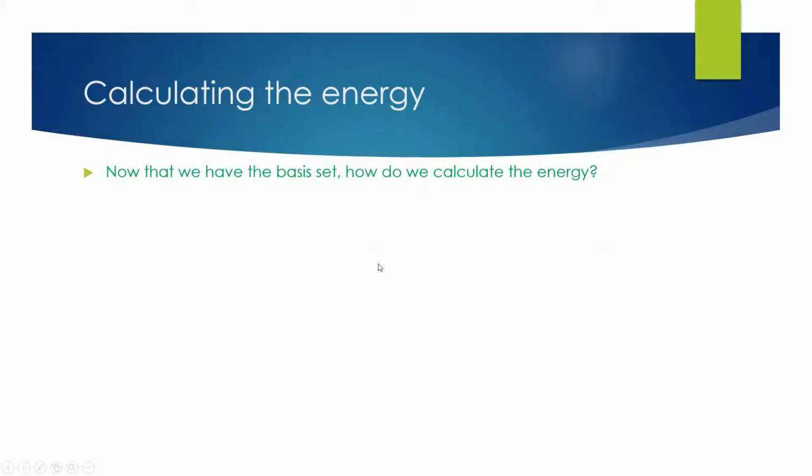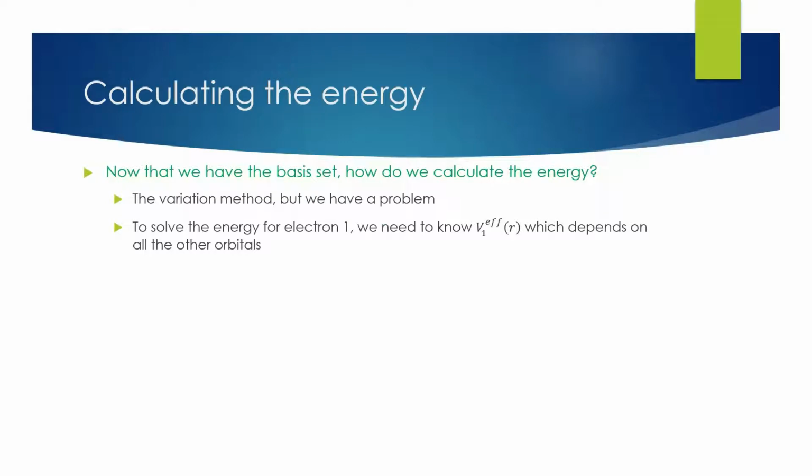So now that we have a basis set using some number of Gaussian functions, how do we actually calculate the energy? We talked about the variation method, but we have a problem here. We can't quite use the variation method as it's written. To solve for the energy of a single electron, for electron 1 in this case, we need to know the effective potential of electron 1, which depends on all the other orbitals.